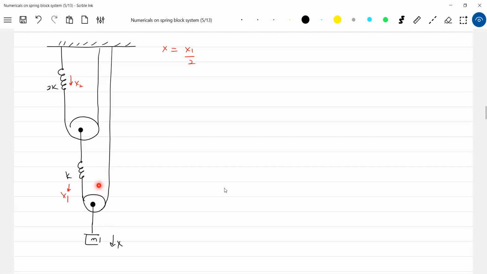Or you can begin like this if you are getting confused. Assume that there's no spring, only a string. Let this pulley block move by 1 meter. Here 1 meter, 1 meter will increase. Then how much should this move? By 2 meters. If this moves by 2 meters, 2 meters, 2 meters will increase. Then how much should it elongate? By 4 meters.